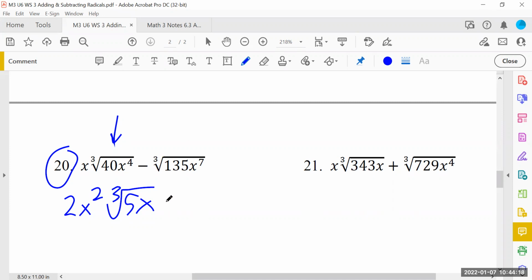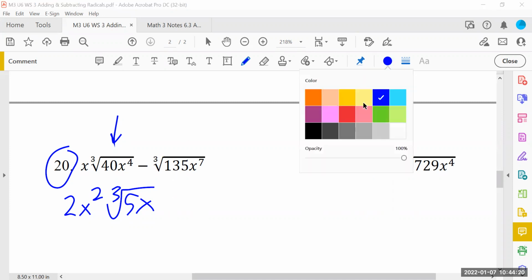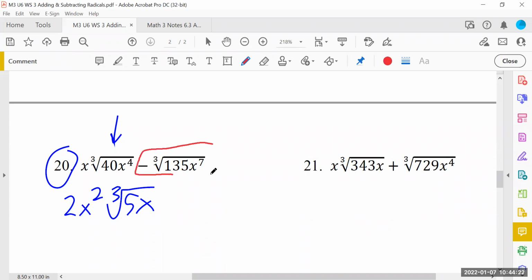Cube root here, let's simplify this one. I'll switch colors here so we can keep track. For this one, that should reduce as well. LJ, did you simplify that one? What'd you get? I got negative 3x squared cube root 5x.